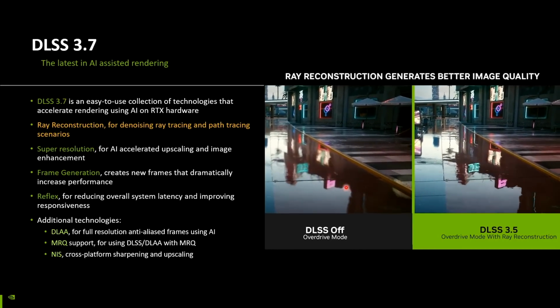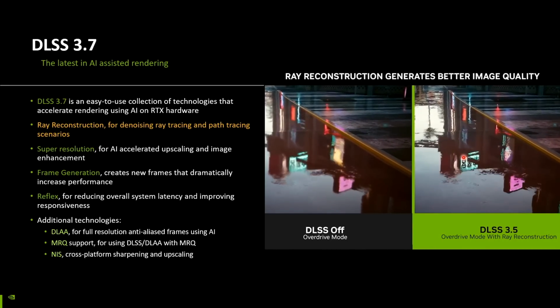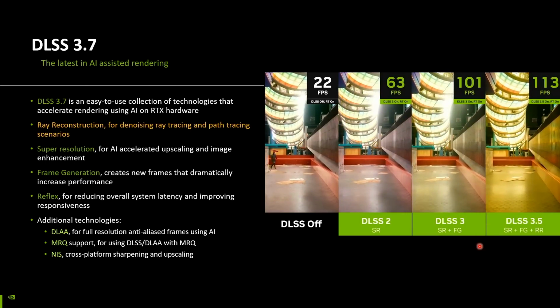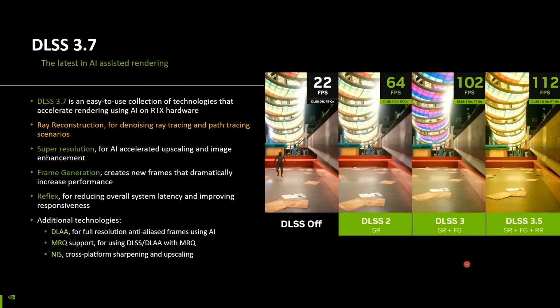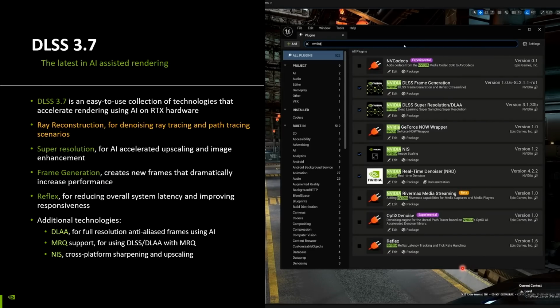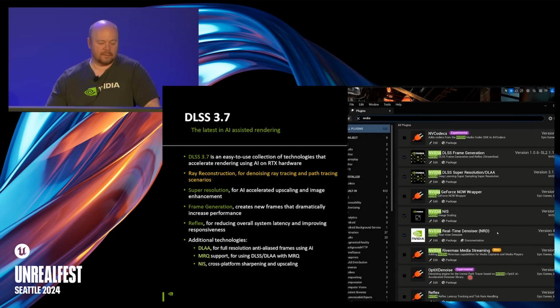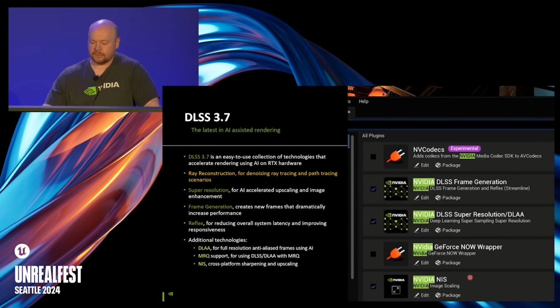You can see in this video how ray reconstruction gives you sharper details, sharper reflections, and it's generally better upscaling as you do more advanced ray tracing and path tracing type work. Ray reconstruction will typically give you your best look.